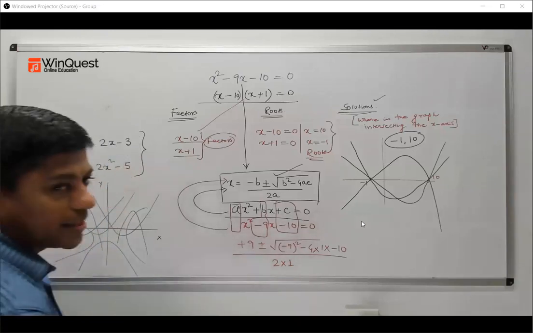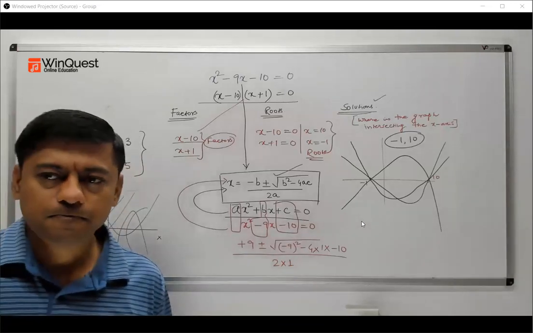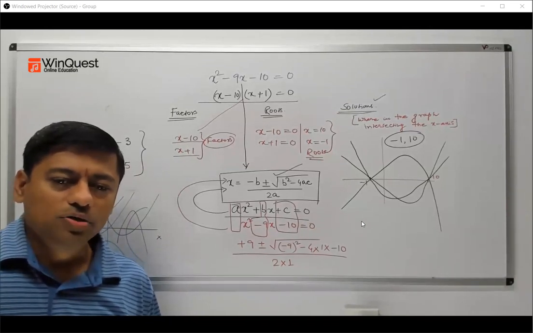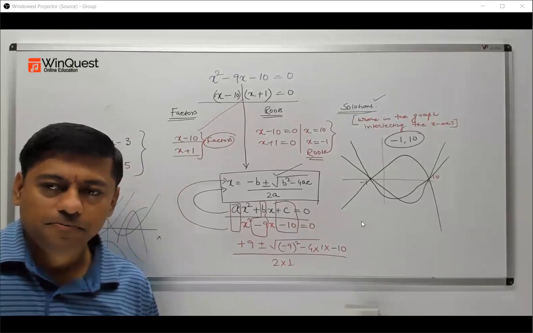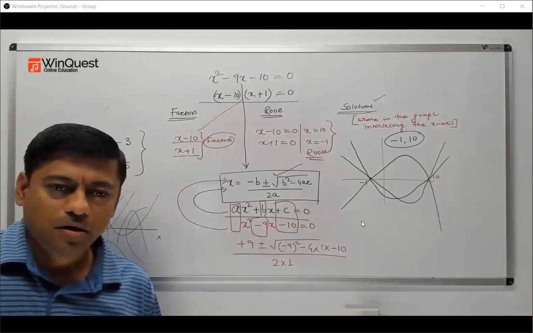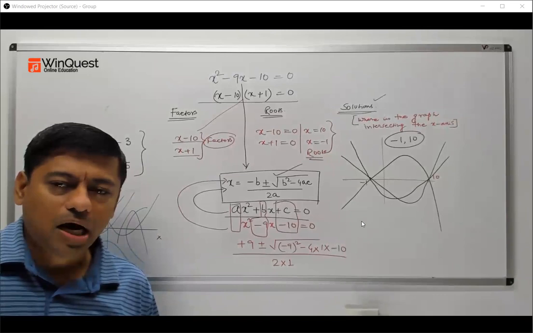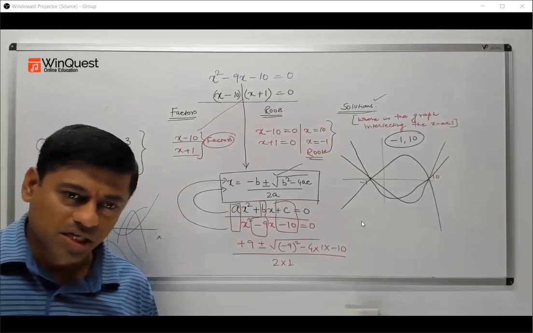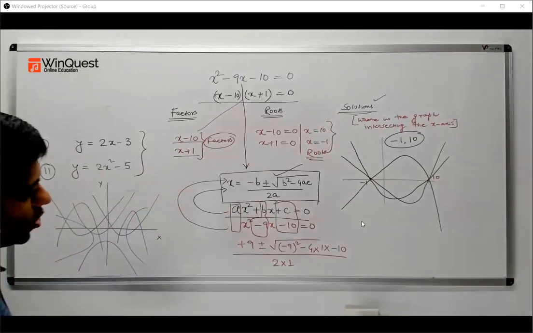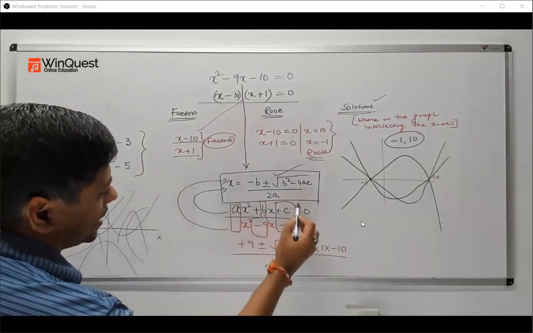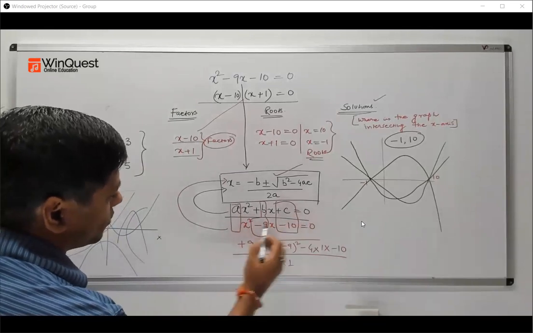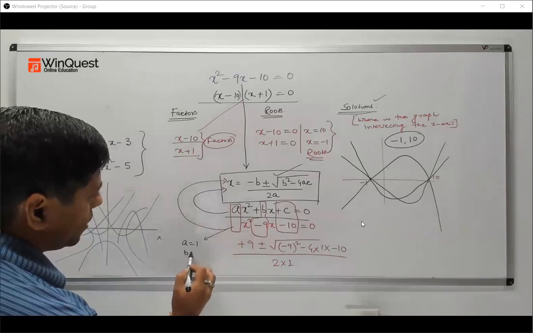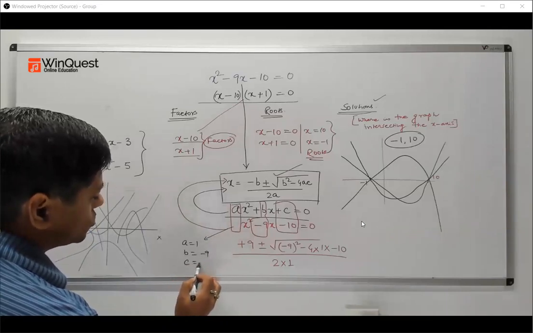How many of you think that she is right? How many of you are not clear on how the values were substituted? How many of you want me to explain? Sure. When you compare this generic equation with this particular equation, do you see that a equals 1, b equals -9, and c equals -10?